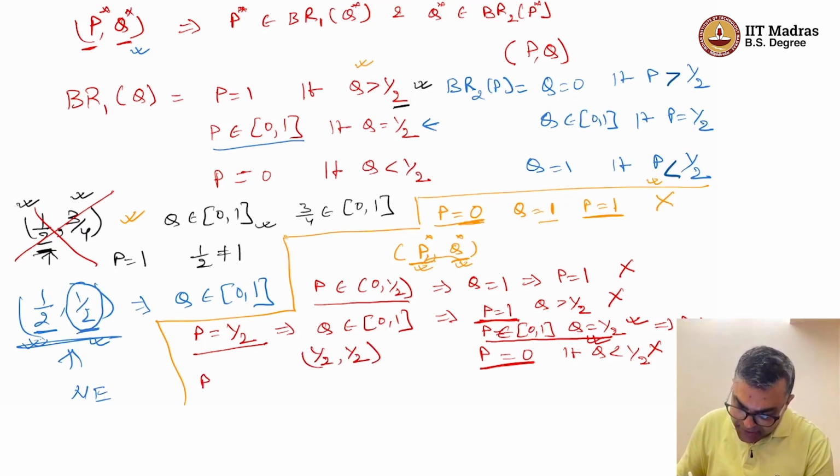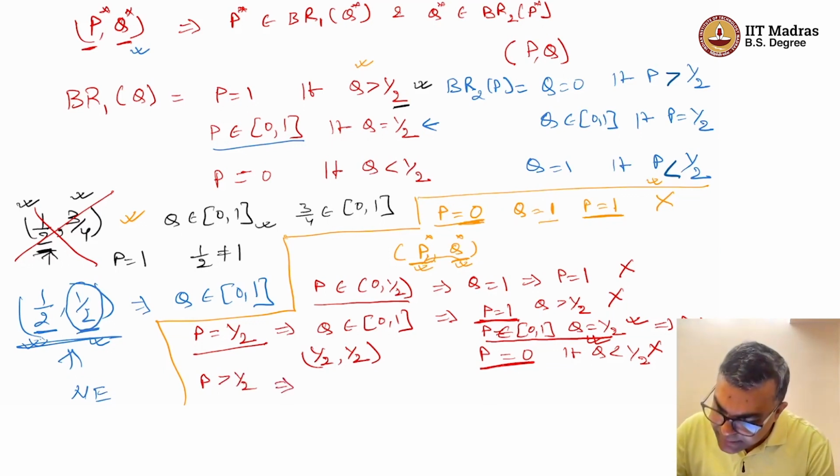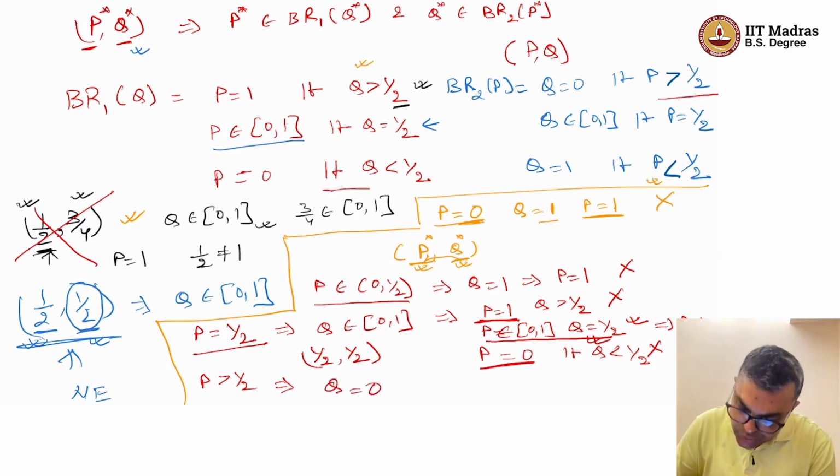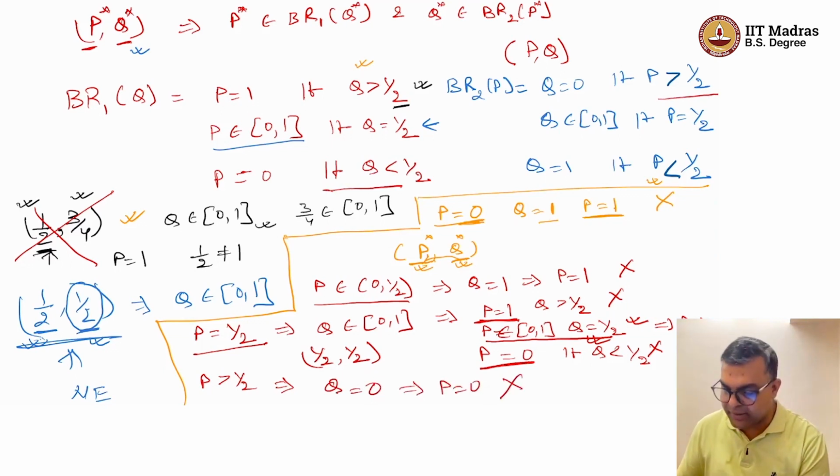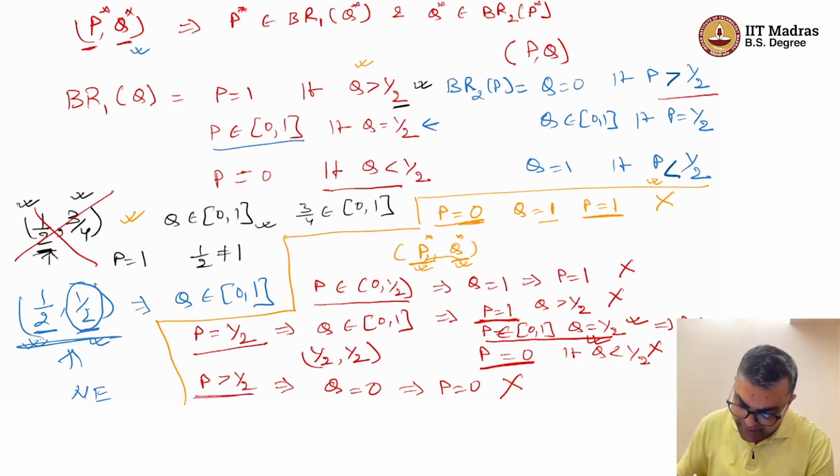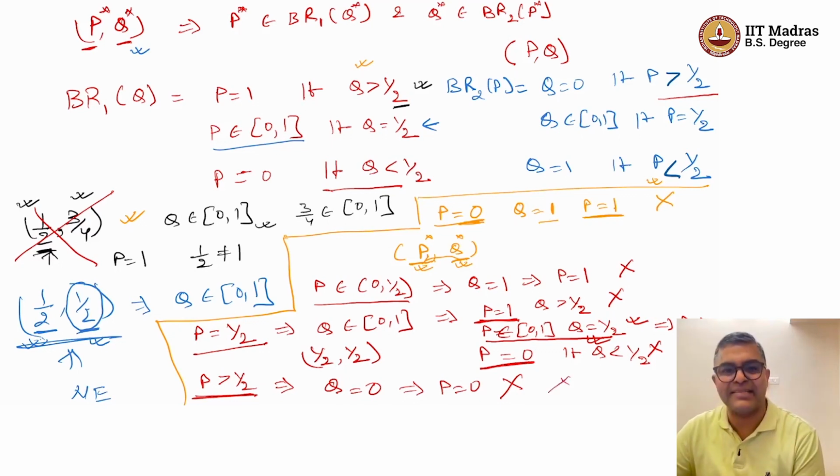Now you can take P greater than half. We can consolidate everything here. Why unnecessarily increase the steps? If P is greater than half, you get Q equal to 0, and Q equal to 0 will bring you to P equal to 0. Again, the loop will not complete, and therefore you cannot have a Nash equilibrium in which P is greater than half, which means player 1 is mixing using probability P greater than half for H, and 1 minus P less than half for T. That cannot be a Nash equilibrium.